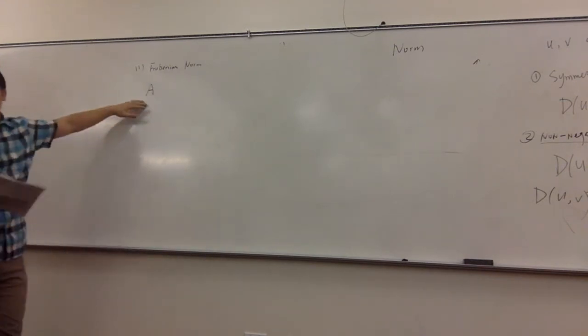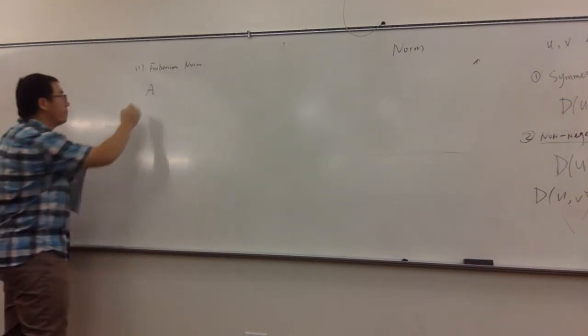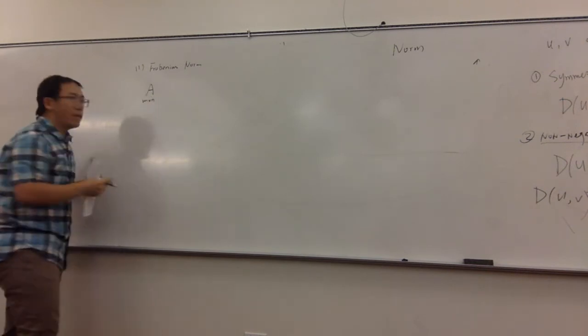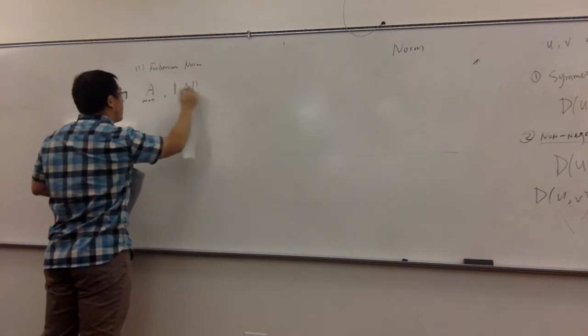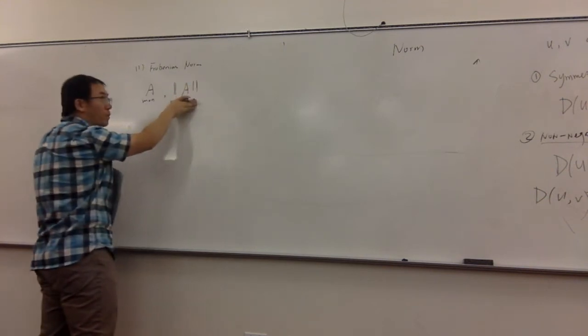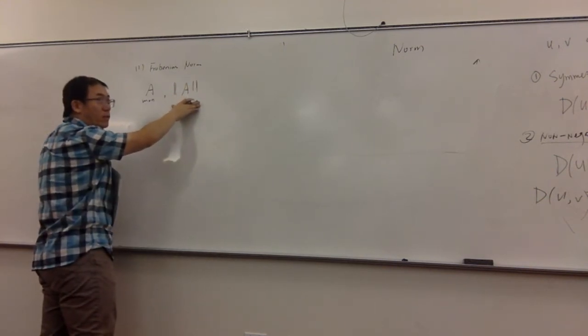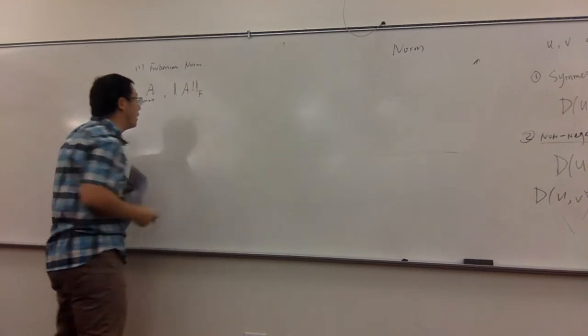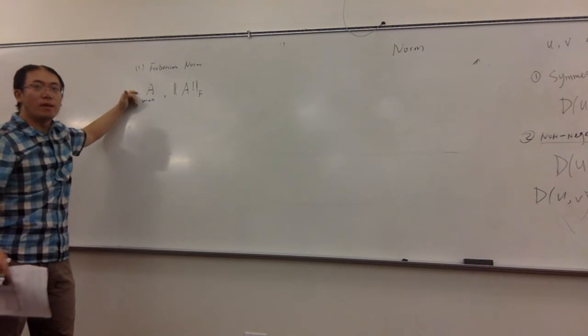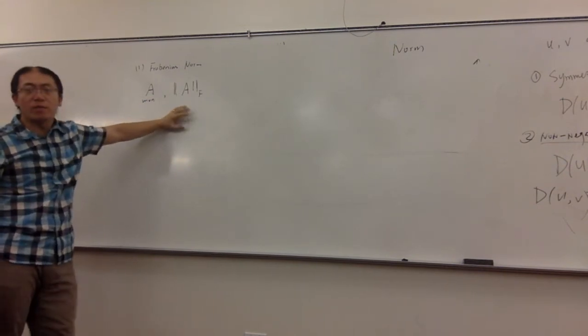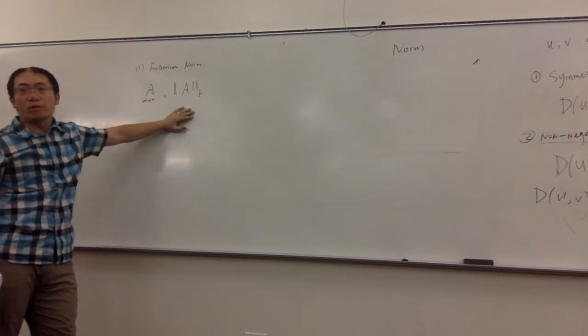Suppose we have a matrix A, n by n. The Frobenius norm of A is denoted similarly to the norm of vectors, but we use a subscript F. The Frobenius norm is very similar to the L2 norm, namely the Euclidean norm.